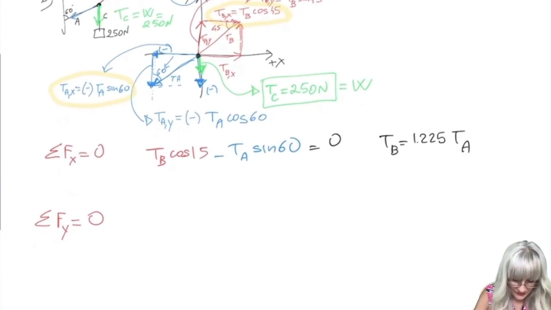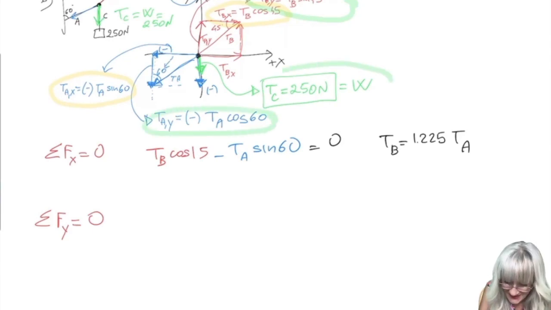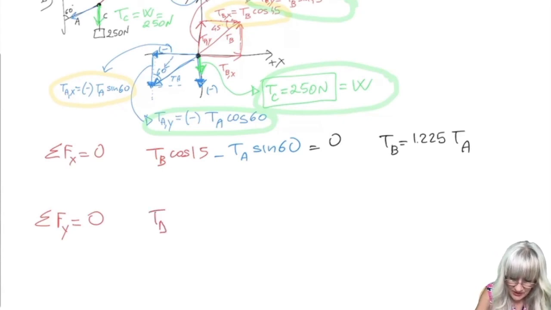Now let's look for the y components, here in green: 1, 2, and 3. All right, let's import them with the sign. In red is TB sine of 45. In blue, minus TA sine of 60. Wait, I'm not done.